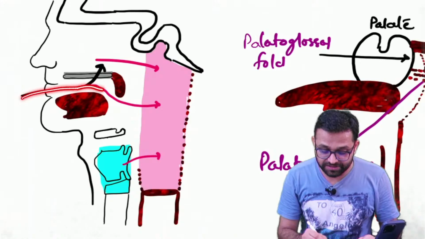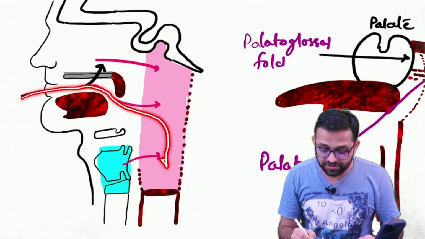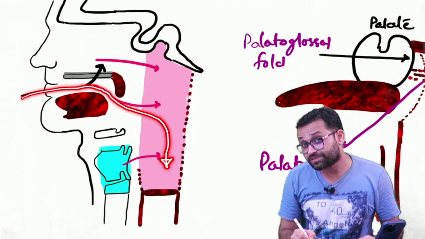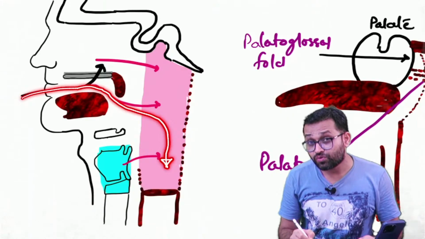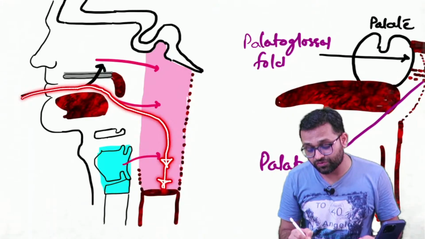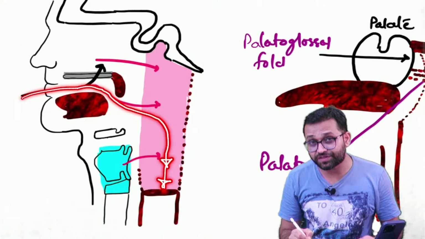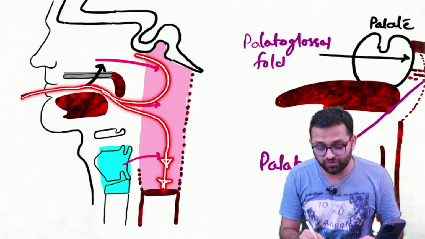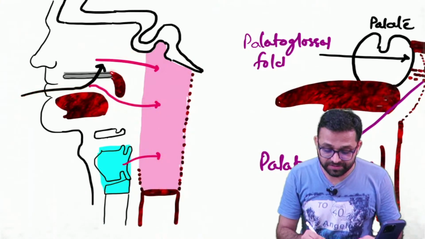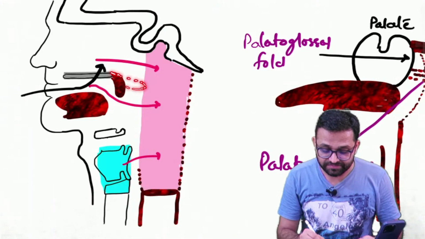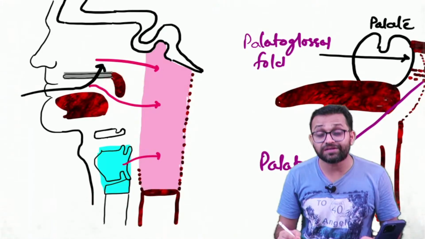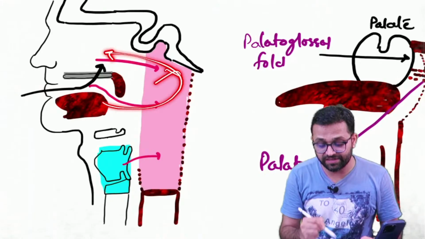The food material comes and enters the laryngopharynx, then goes to the esophagus, but it could go to the nose. So at that time, the soft palate elevates and blocks the nasopharynx. So food never enters the nasopharynx.